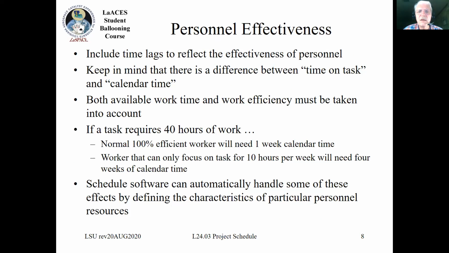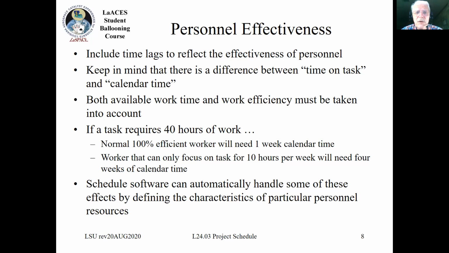Also, personnel effectiveness has to be taken into account. There is a difference between time on task and calendar time. If a task requires 40 hours of work, okay, a normal 100% efficient worker will need 1 week of calendar time to do that. So there are 8 working hours in a particular day, and there are 5 working days during a 7-day week.